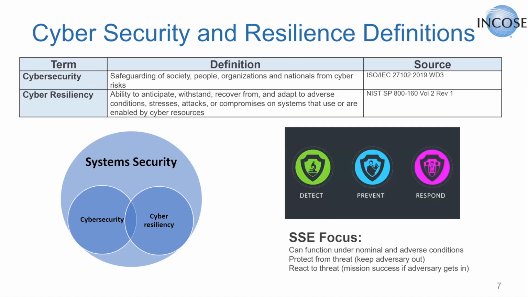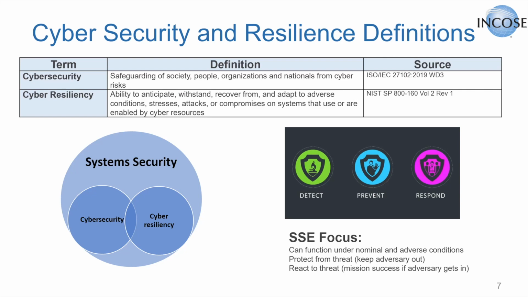And so in the context of cyberspace, system security is about both cybersecurity and cyber resiliency. So cybersecurity is where we're safeguarding not only the system, but the people and the organizations and everything from the cyber risk. And then cyber resiliency is the ability to anticipate, withstand, recover from, and adapt to adverse conditions that are enabled by cyber resources.